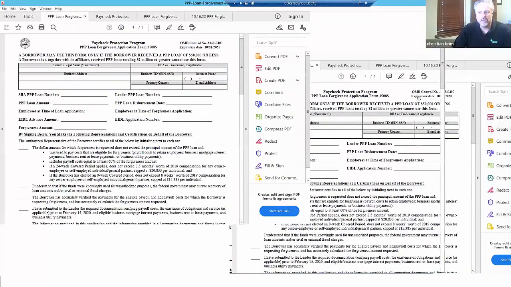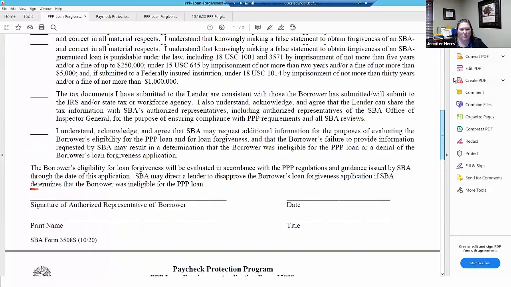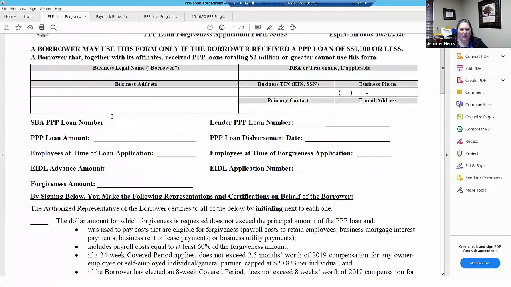So is this the automatic forgiveness that they were talking about? Sort of, yes. You still have to provide documentation. So it's a 1-page thing that you have to go through. You fill out your name, your number, all that information, how many employees you had, and if you had any EIDL advance.